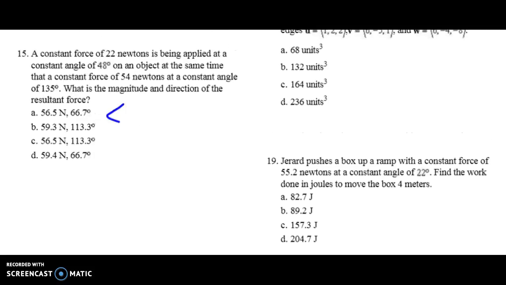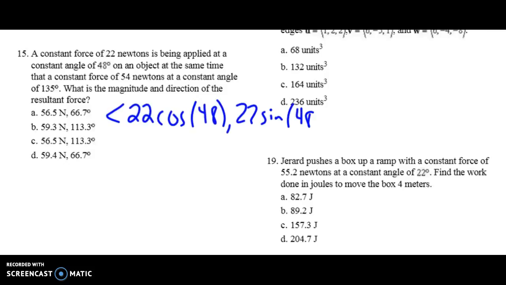The first vector is 22 cosine of 48 degrees, comma, 22 sine of 48 degrees. 22 cosine 48 is 14.7, and 22 sine of 48 is 16.3. That's my first vector.